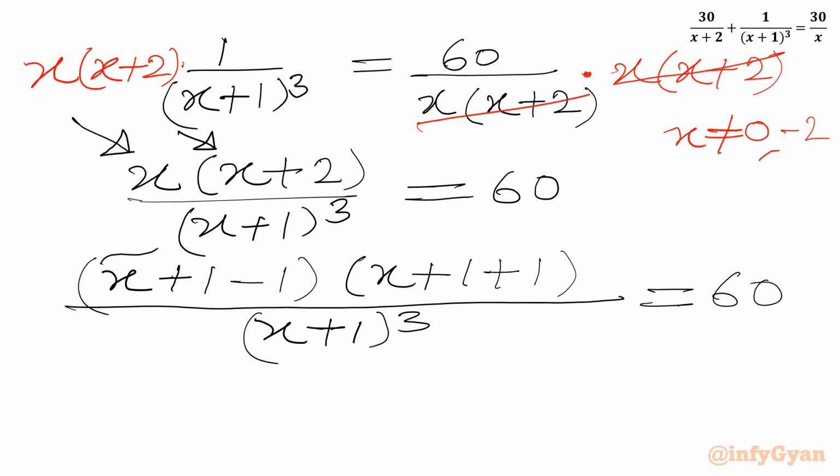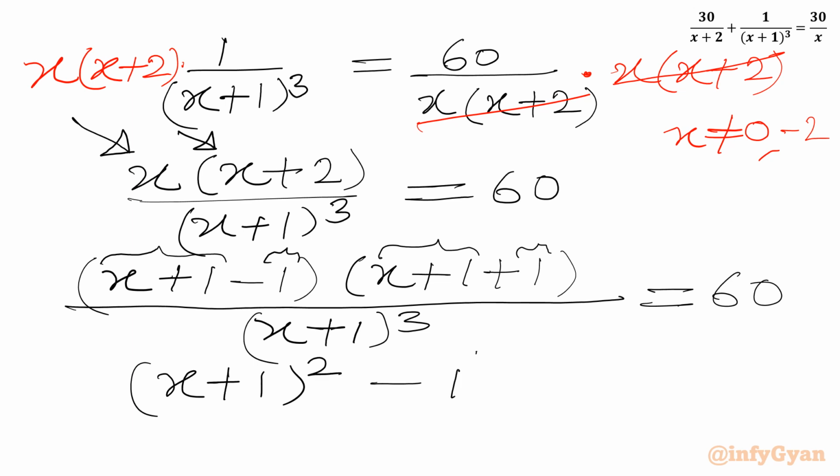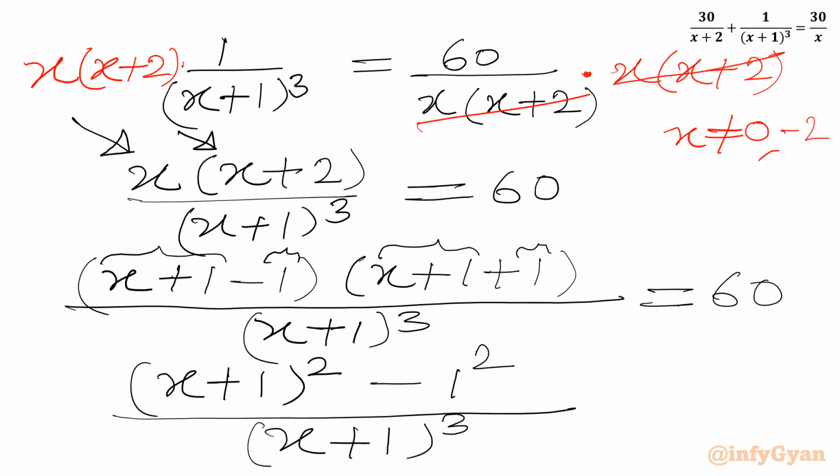Now if I consider x plus 1 as a, 1 as b, then we have a minus b times a plus b. We can use difference of two squares formula. We can write (x plus 1) whole square minus 1 whole square over (x plus 1) whole cube equal to 60.